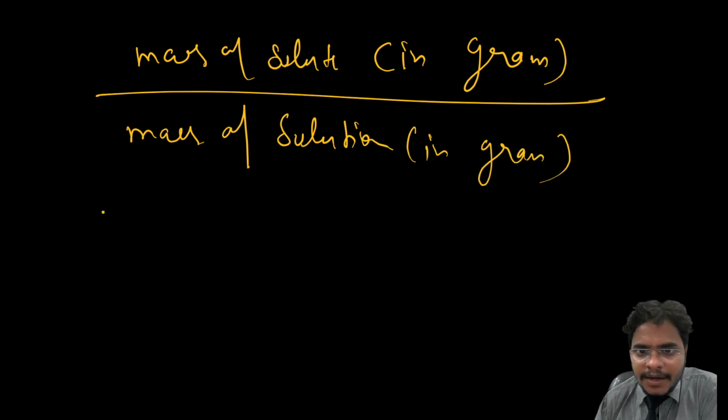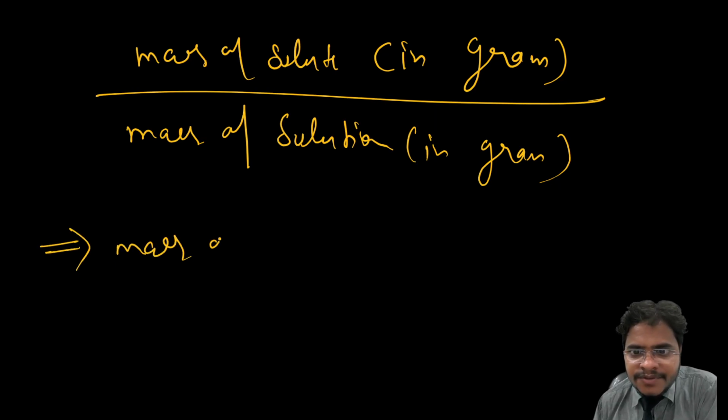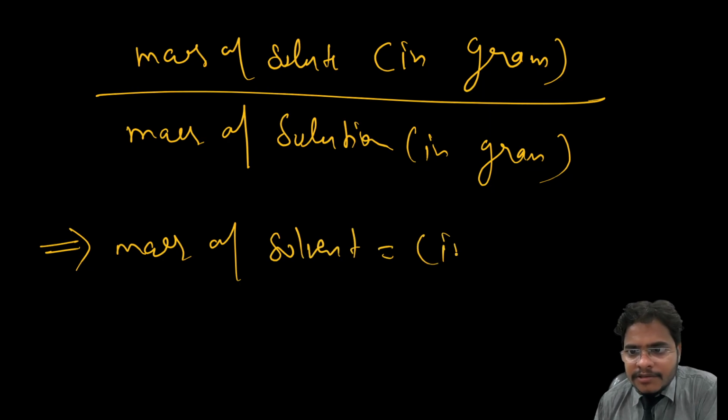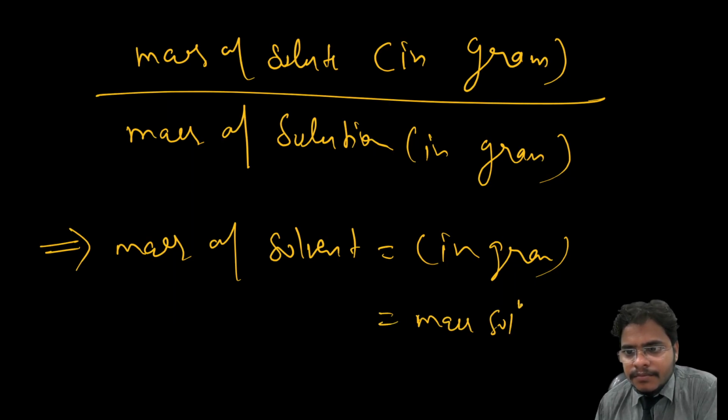And the mass of solvent is also in gram, but how do we get it? The mass of solution minus the mass of solute.